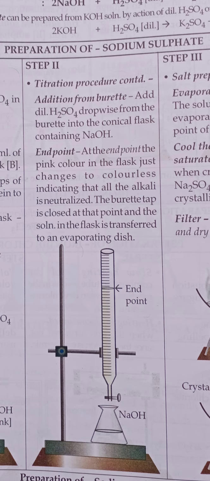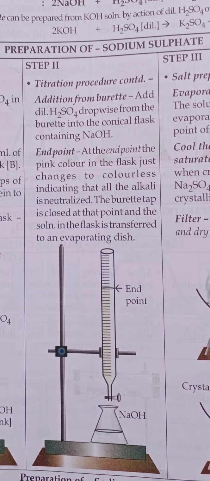Till then we will go on adding sulfuric acid. Now what is the end point? The end point is the one in which there is a sharp change in color. We have observed that the color of the solution has turned colorless. So this is the end point.